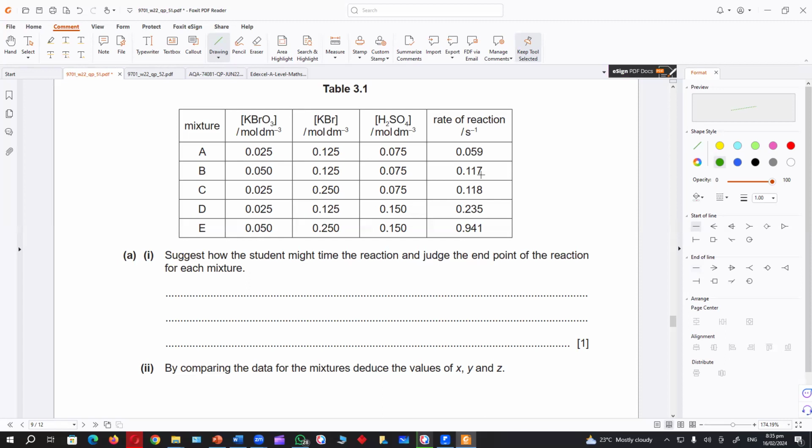He can use the stopwatch to time the reaction, and judge the end point. Is there any color change in this reaction? Yes, bromine is being produced, and bromine is orange.